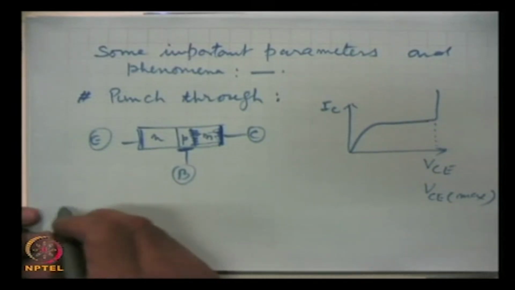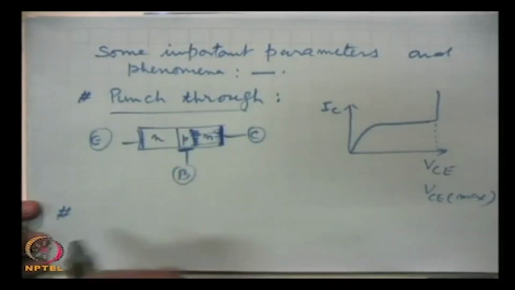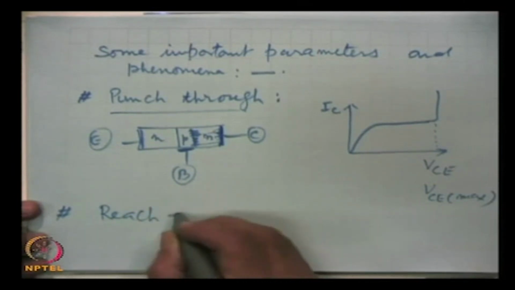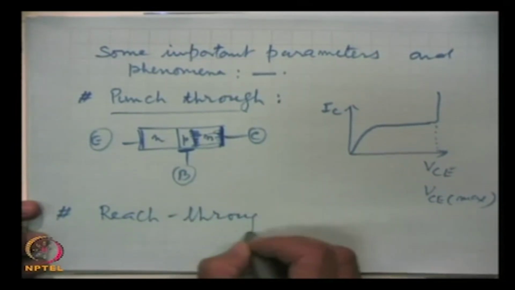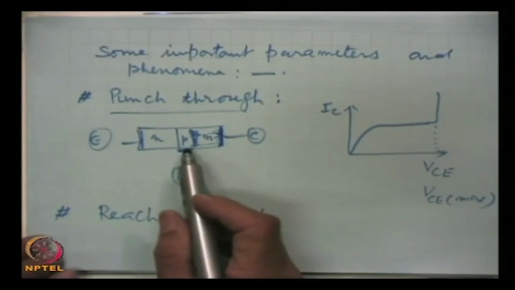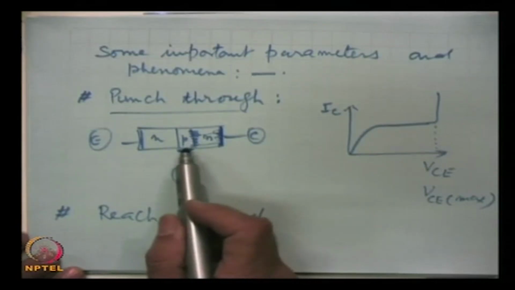The second point is also related with this depletion width, that is reach through. This is because the base region is already very small, very thin, and it is lightly doped.